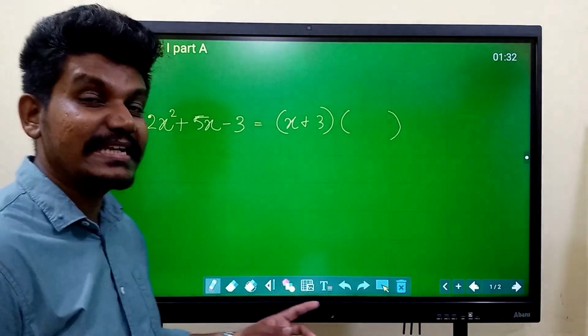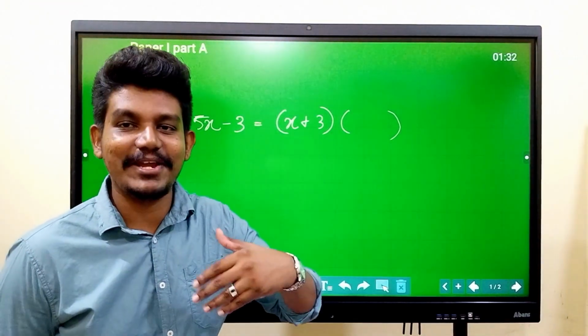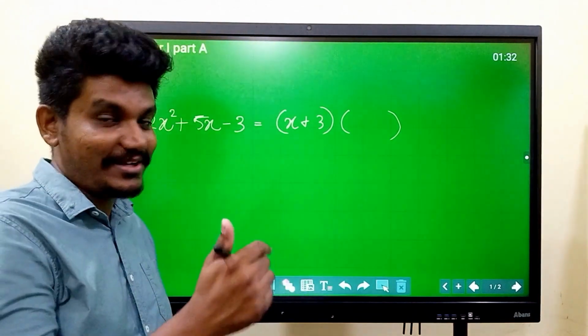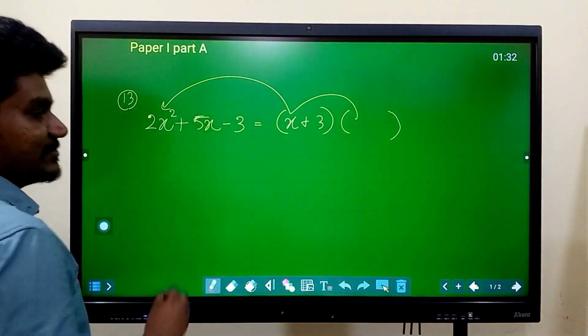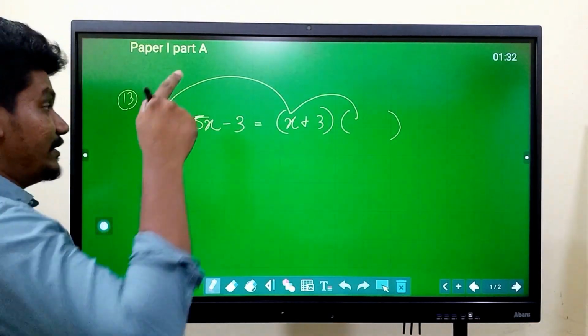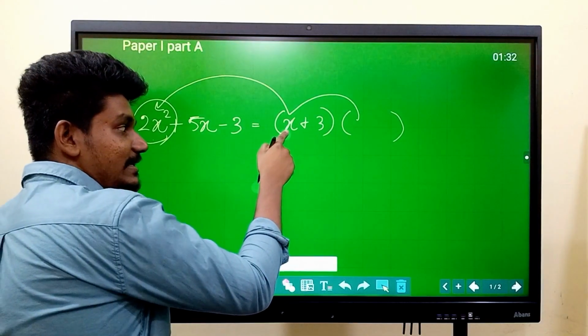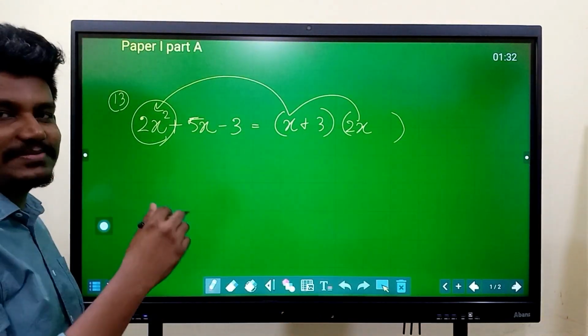Right, okay, this is the 13th one. So we have to find the other factor. That means simply we have to find the remaining bracket. How can you find it easily? This is the easiest method. Look at this. Multiplying the first two terms, we could make the first term. The first term is 2x squared. We have x here, so this should be 2x. 2x multiplied by x will be 2x squared.